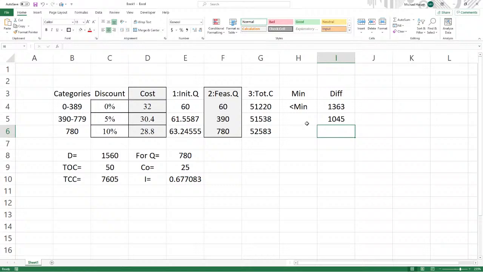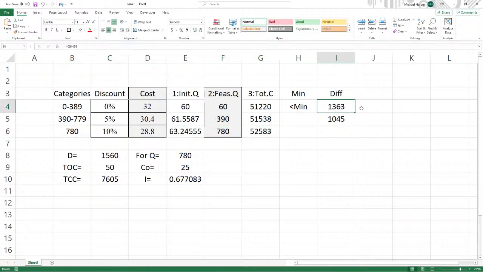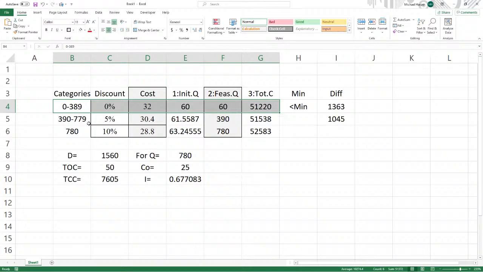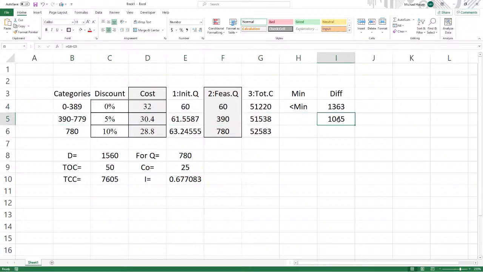Okay, well, you know, here is what the manager is doing. The order is 780. It's going to be 52. You can save $1,363 by going to 60. If you went to 390, you'd be saving $1,045. Okay, but then what's the difference between these two?